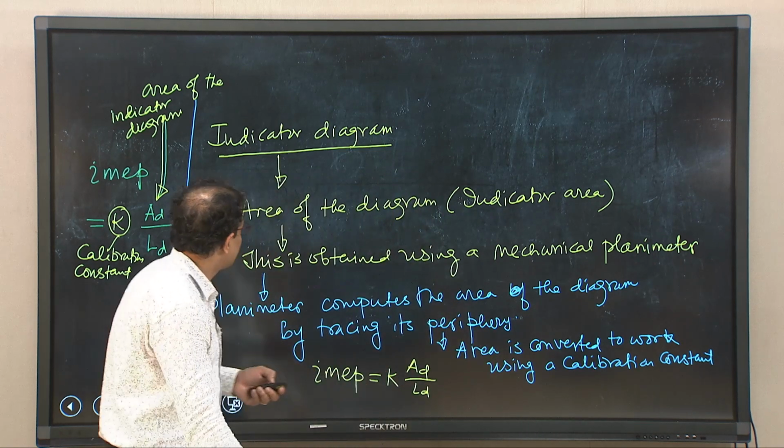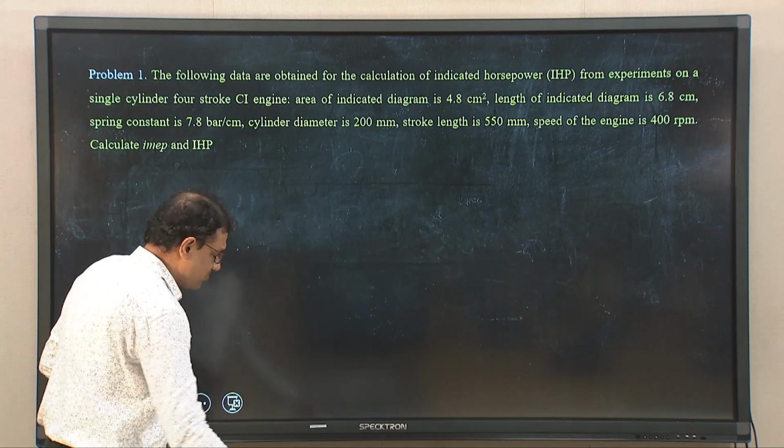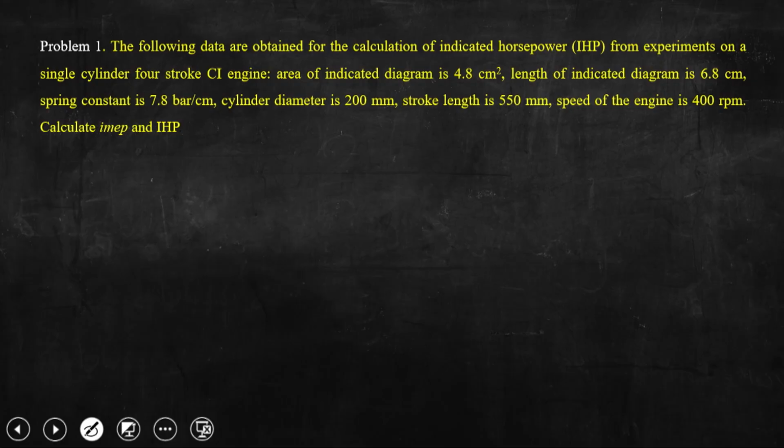So, with this let us now solve this numerical problem quickly. The problem statement is: the following data are obtained for the calculation of indicated horsepower from experiments on a single cylinder 4 stroke CI engine.